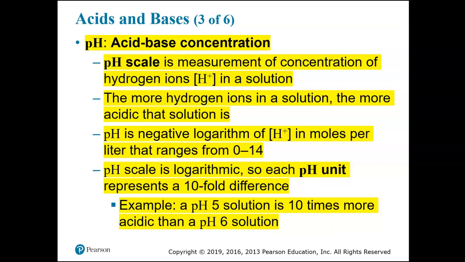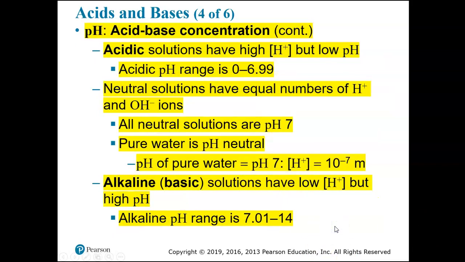If you go up again, it would be like pH 7. Then you could say pH 5 is 100 times more acidic than pH 7. So every time you go down in pH, you get 10 times more concentration of hydrogen ions, or 10 times more acidic.